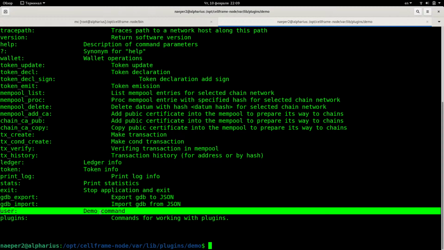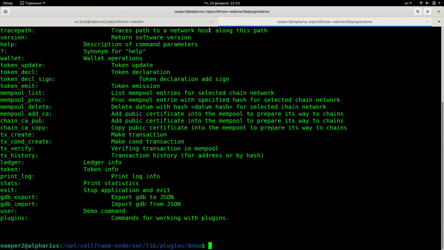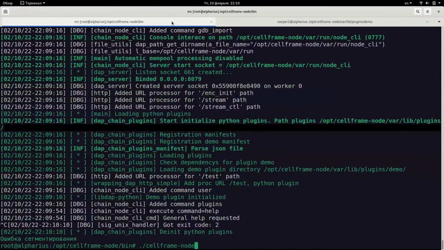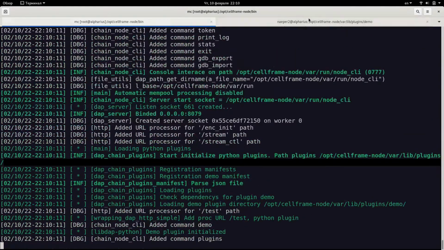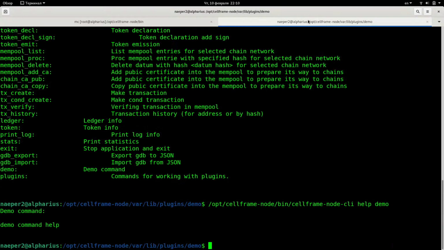And we see its demo command user. Great. So let's call it here and let's rerun it. And we have help demo and help demo.